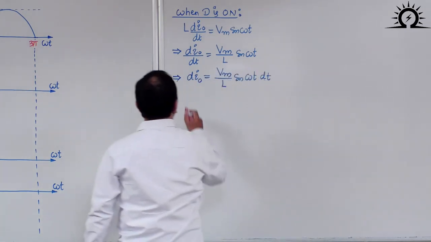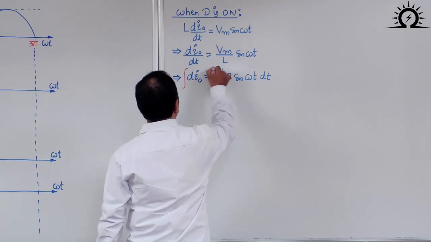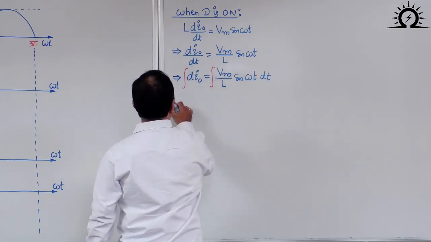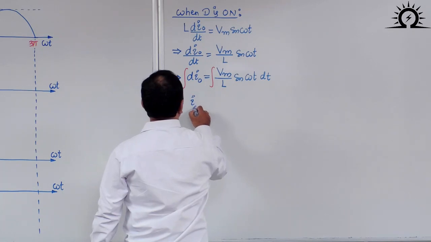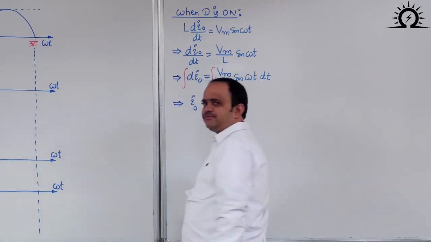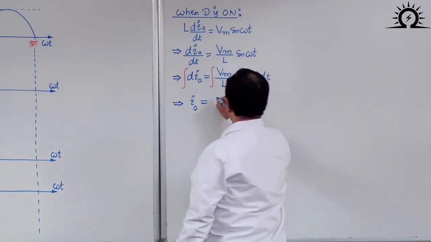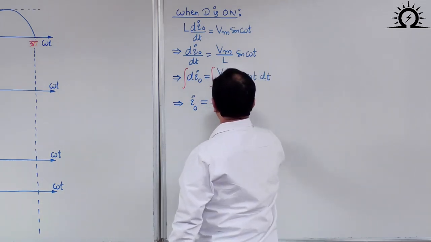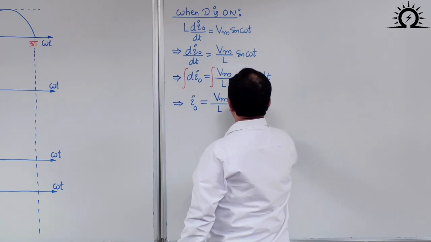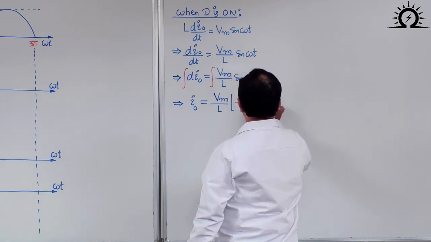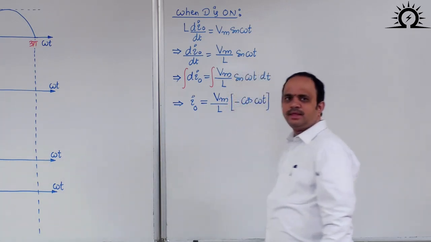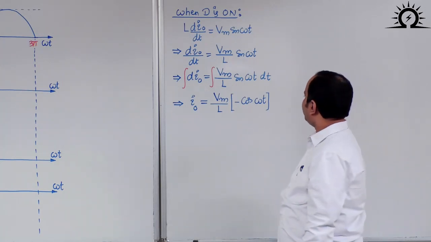Now, in order to get the expression for I0, let us integrate on both sides. Therefore, left hand side we can have I0, right hand side Vm by L integration of sin omega t is minus cos omega t.